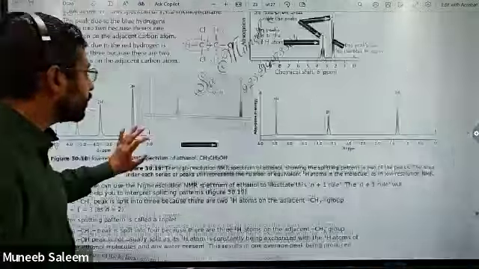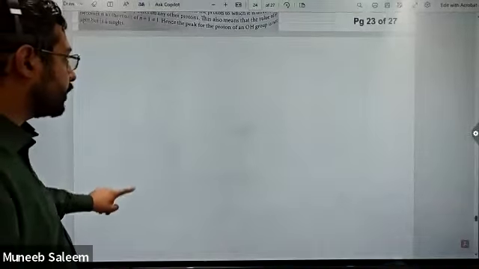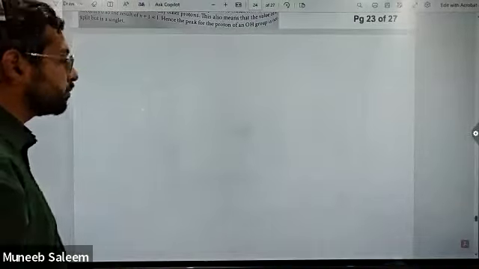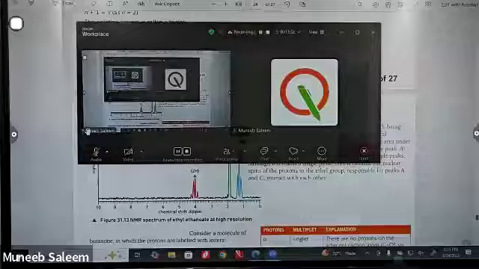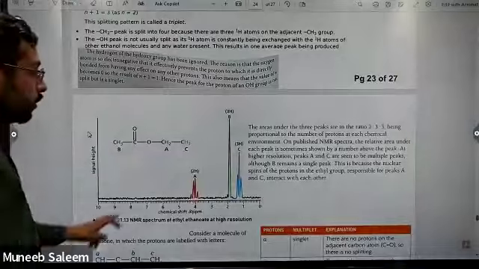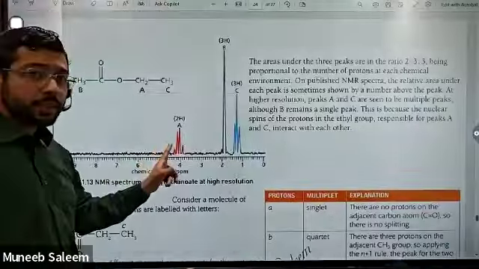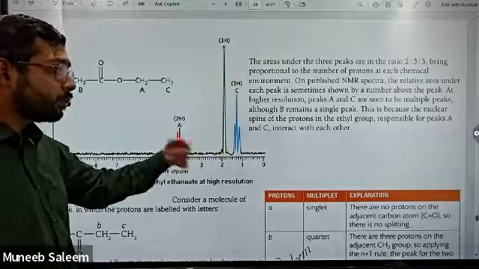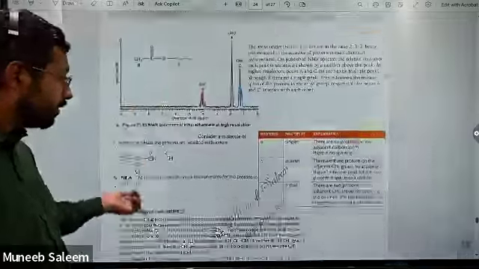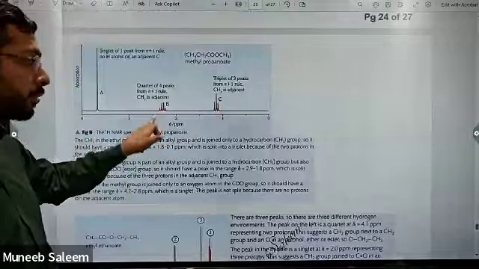Instead, there are some more of these peaks. For example, here on the next page, you can see that these are not just single lines. Instead, they are splitting. One single line is split into further peaks. That's the example of high resolution NMR spectroscopy.